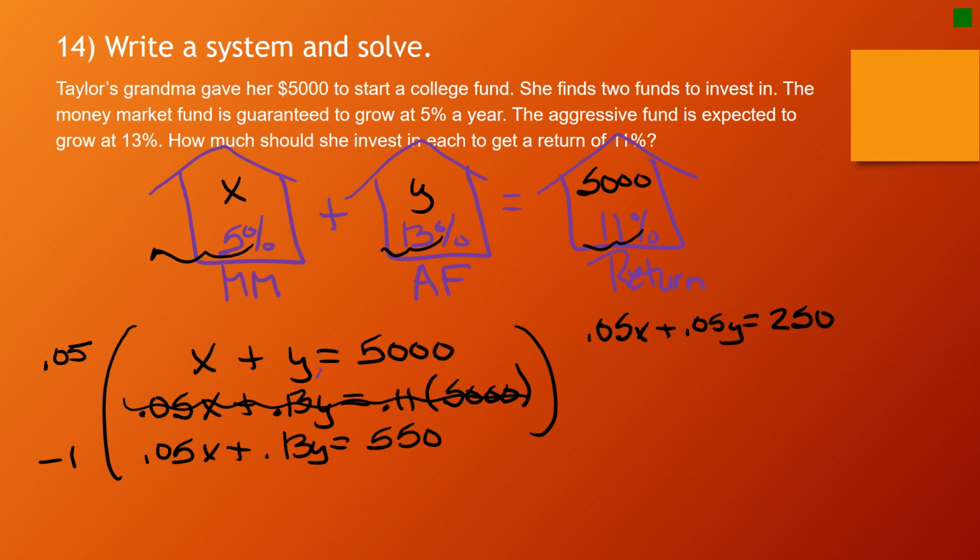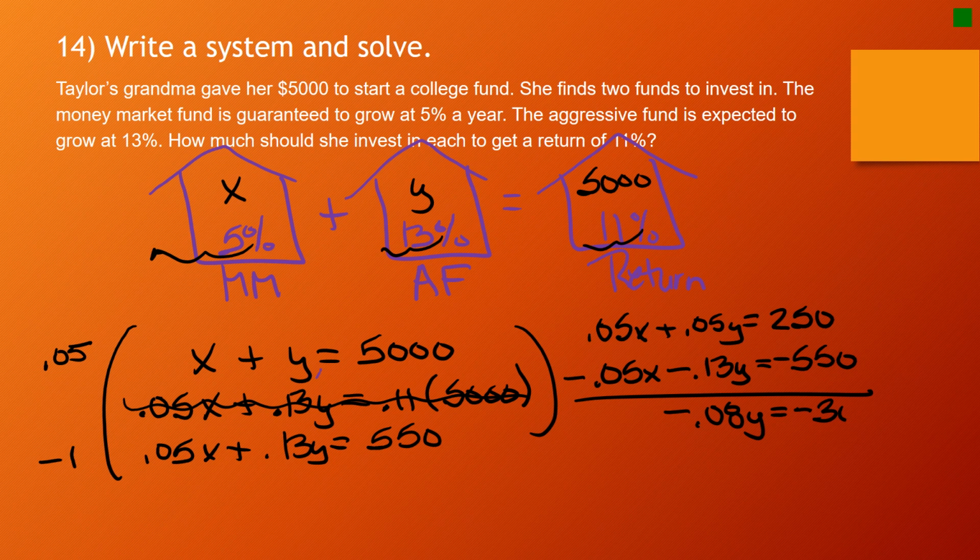I did the multiplication already. Negative 0.05x minus 0.13y equals negative 550. All right, add them up. I get negative 0.08y equals negative 300.